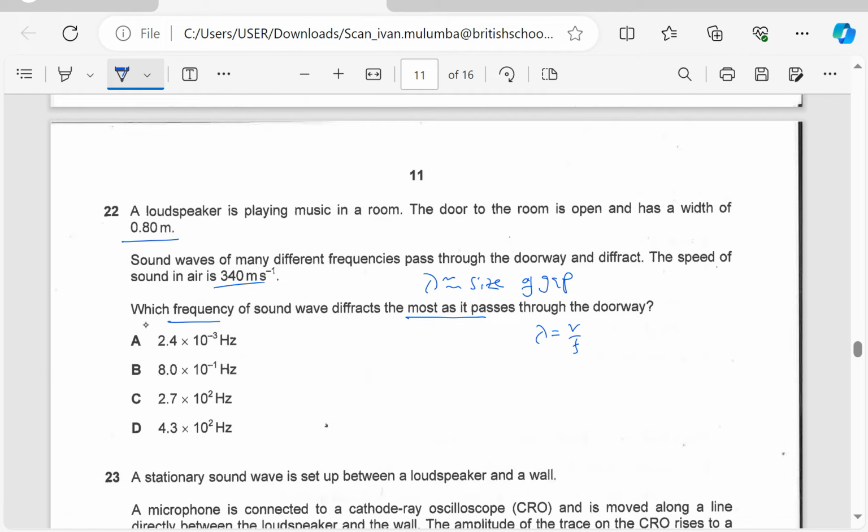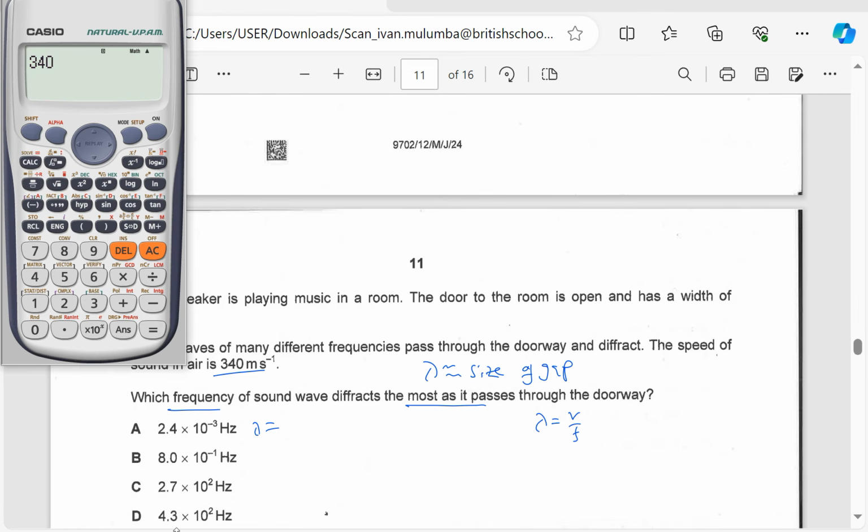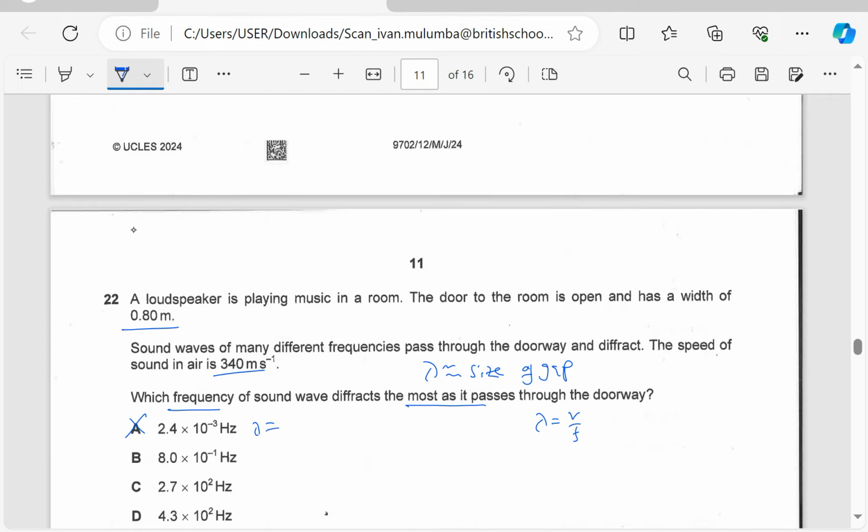So I will check this one first. Wavelength here equals V, which is 340, divided by the frequency, which is 2.4 exponent minus 3. So this is very big. So this is wrong.